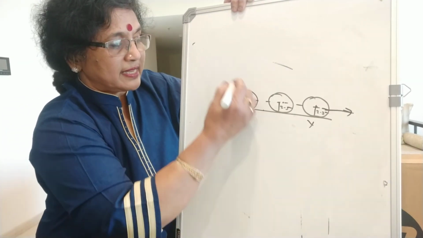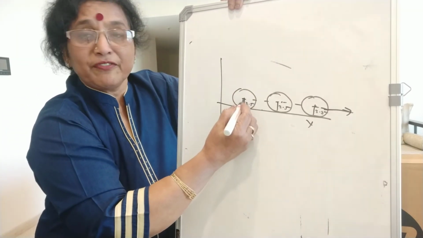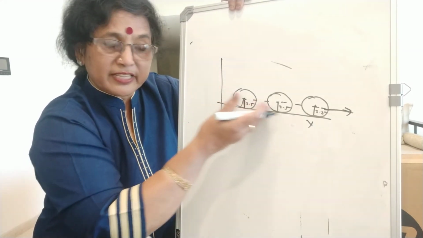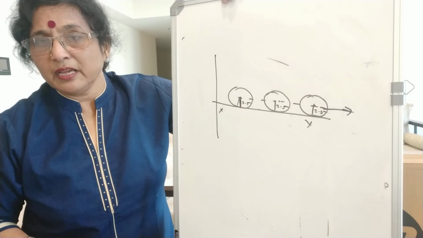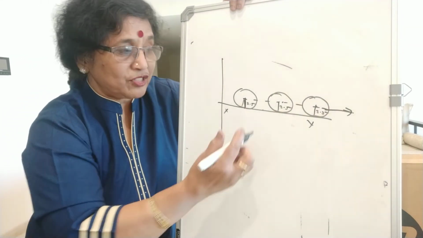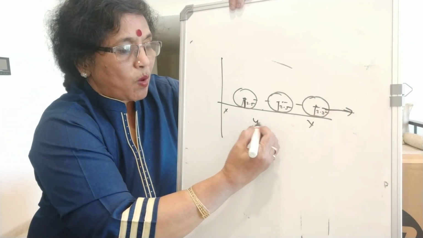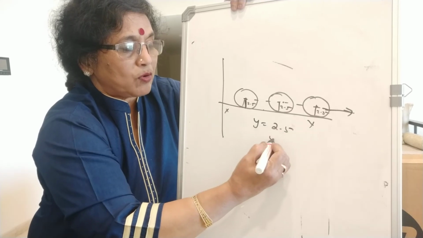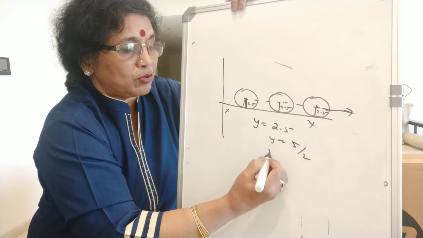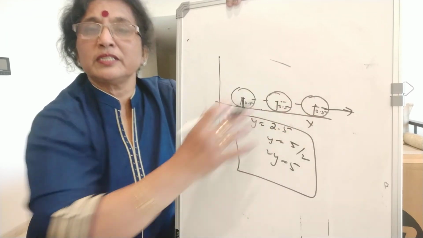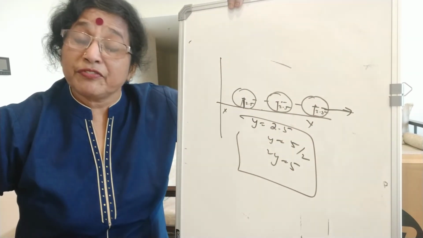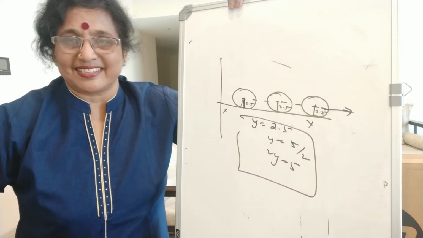So this is the x-axis and this is 2.5. So this is the same description, you'll give the same, drawing you'll do the same, right? But if I ask you the equation, that will be y equals 2.5 or y equals 5 by 2 or 2y equals 5. All this is the locus if the line is the x-axis.